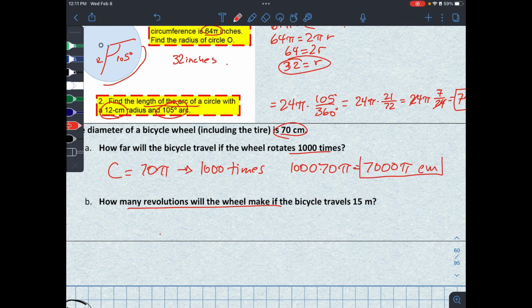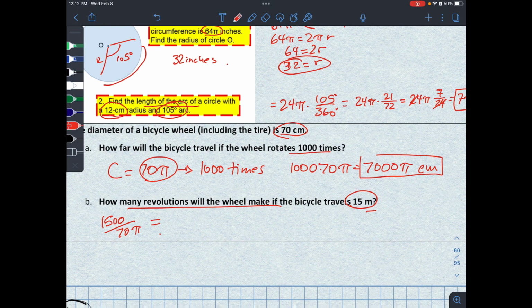If you wanted to round that number off, you certainly could. If I was going to ask how many revolutions in 50 meters, first of all, notice we have meters and centimeters. So the first thing I would do is take 5,000 centimeters, since that's 100 centimeters in a meter. So 5,000 centimeters divided by 70 pi, which is the distance around one circle from the previous problem.